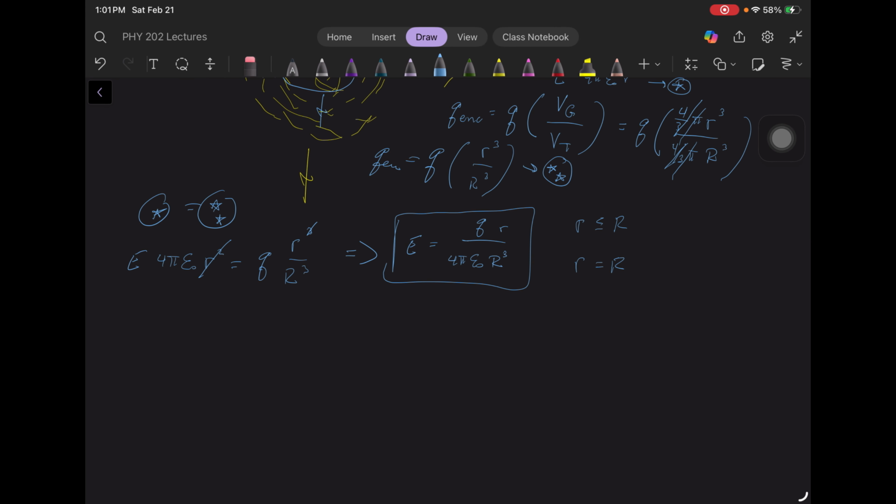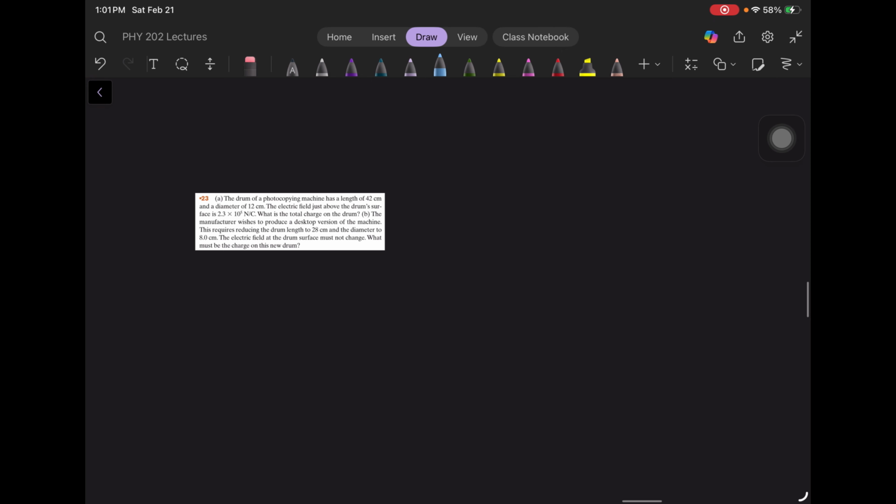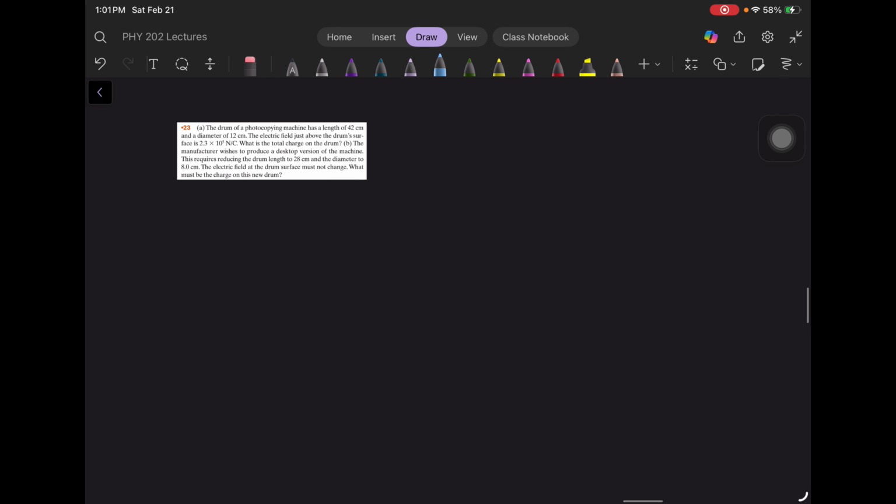Okay. So there's that. Let's hop into a practice problem. I'm going to say epsilon naught is 8.85 times 10 to the negative 12 farads per meter. Probably going to come in handy. We have the drum of a photocopying machine that has a length of 42 centimeters and a diameter of 12.